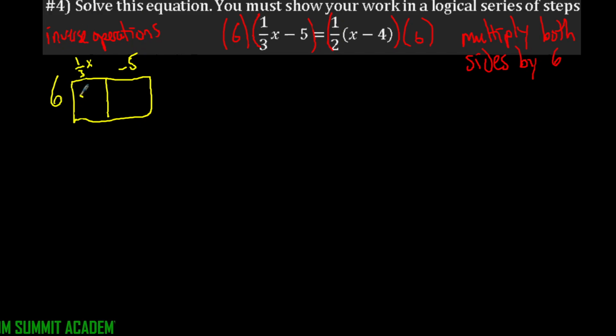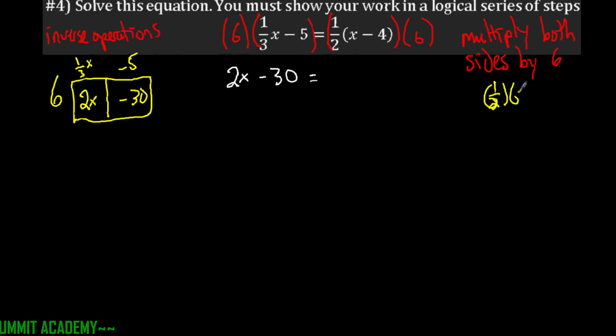Multiplying those out, this is going to be 2x, and this is going to be -30. So I can write that underneath: 2x minus 30. And I set that equal to, on our right side, 1/2 times 6, which is just going to be equal to 3.